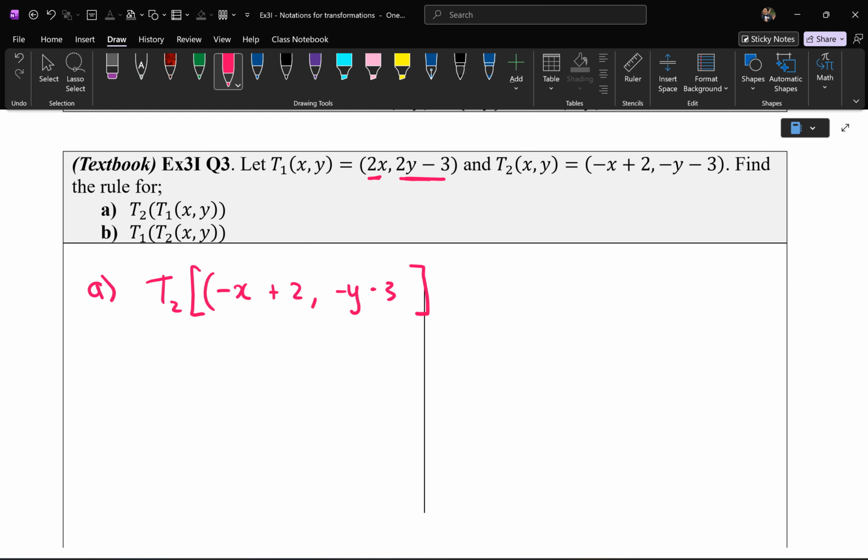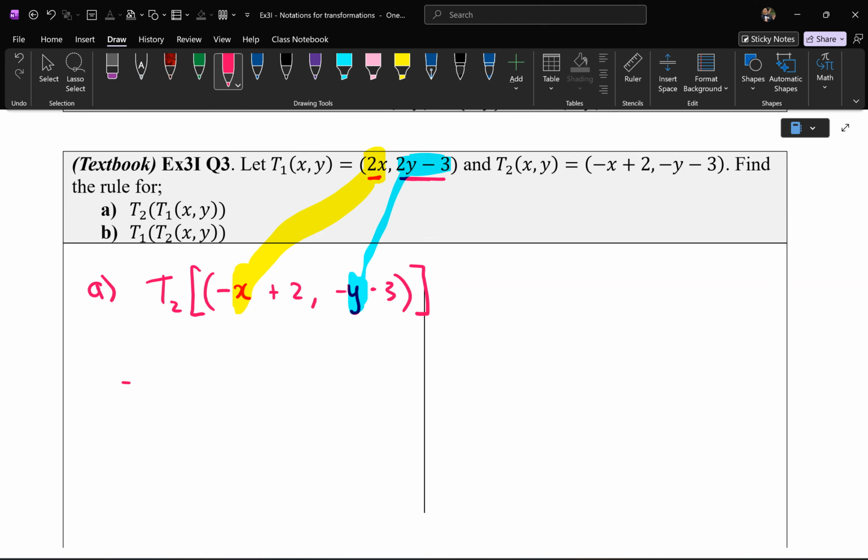So that's your x transformation, y transformation. But I'm substituting T1 x in and T1 y transformation in. So what's happening is this. You take 2x and you substitute into the x of T2. You take transformation T1 for y, substitute it into the y of T2.